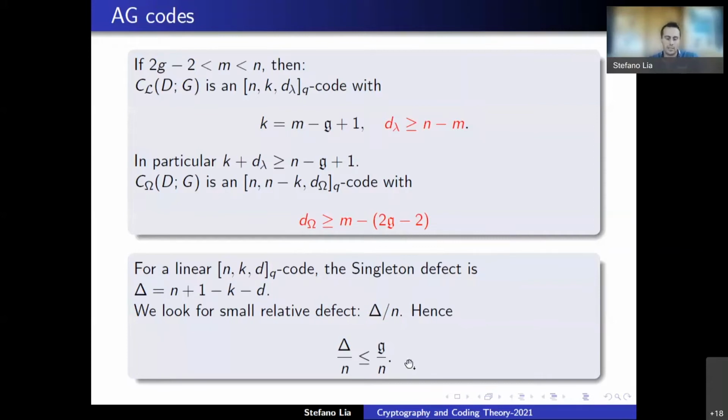Since we are looking for a small relative Singleton defect, it is good if we have many rational points on the curve. Indeed, in the literature, much attention is paid to maximal curves, namely those curves which have the maximum possible number of rational points among those of a fixed genus g.